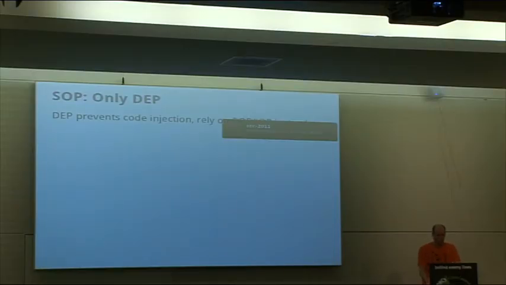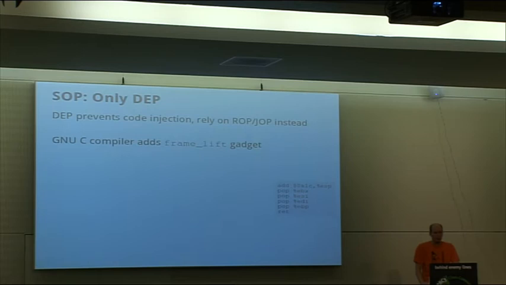Data execution prevention prevents code injection. So we have to rely on return-oriented programming and jump-oriented programming instead, and go back to that. Fortunately for us, any program, as small as it is, even if it's just a one-liner, does not only consist of the one line of code that you add.